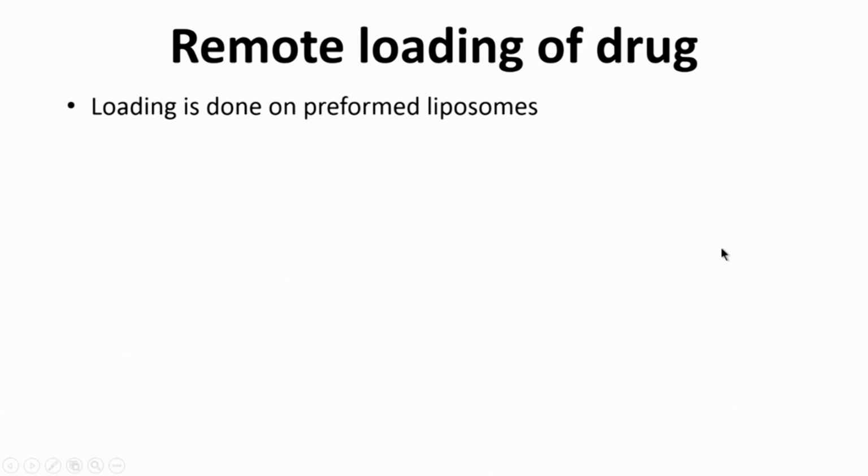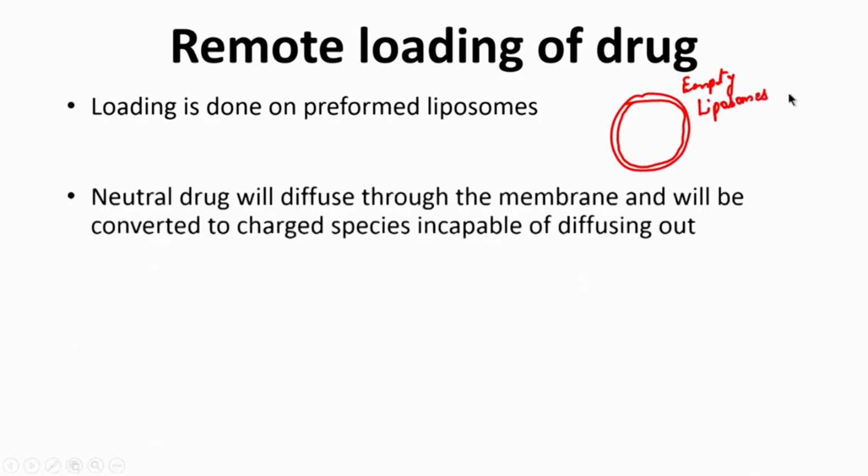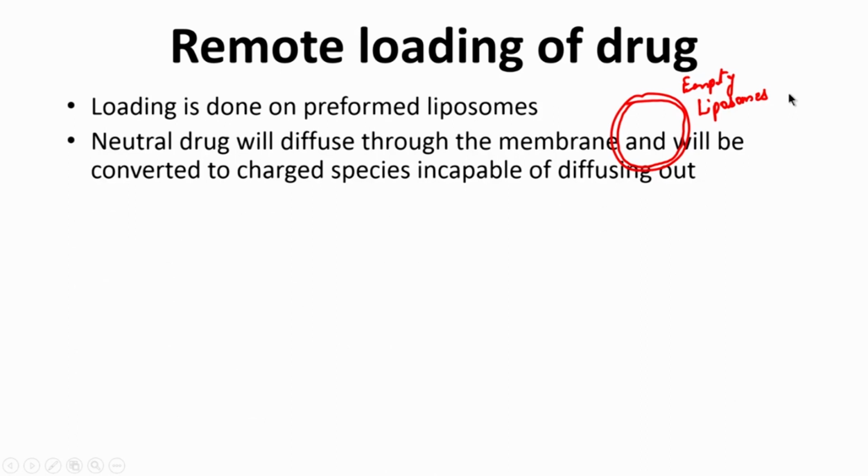And so, what is remote loading? In this case, loading is done on a preformed liposome. You already have liposomes that are formed; initially you have not put any drug in here. So, you can call them empty liposomes. What you will typically find is that a neutral drug will diffuse through the membrane, and once it goes inside the liposome the concept is that it will become charged.